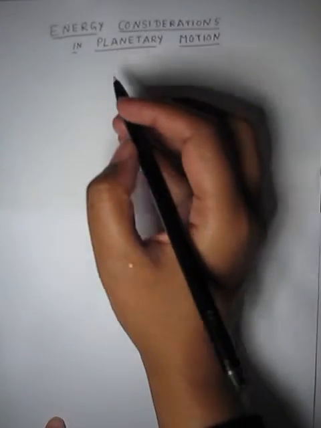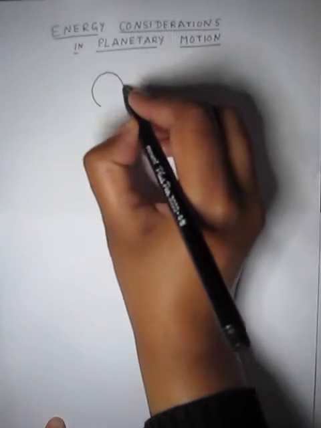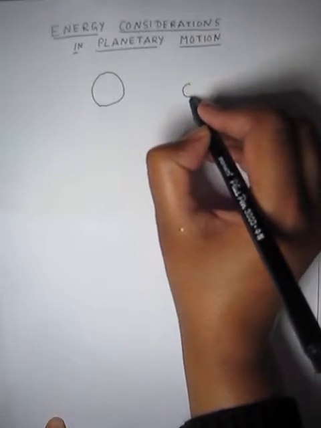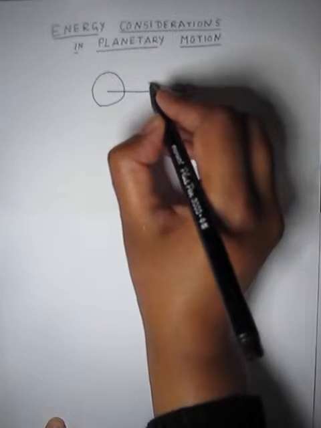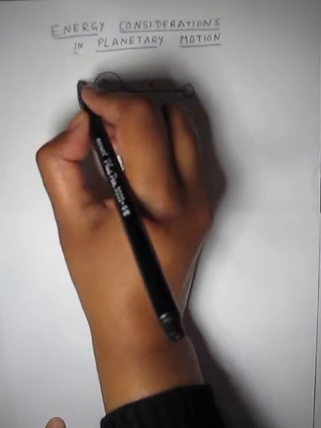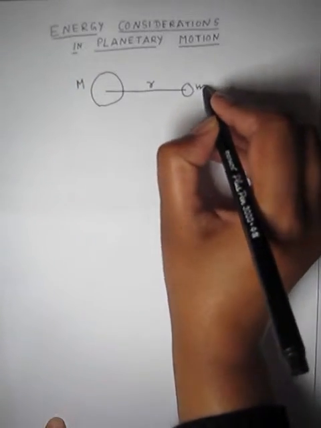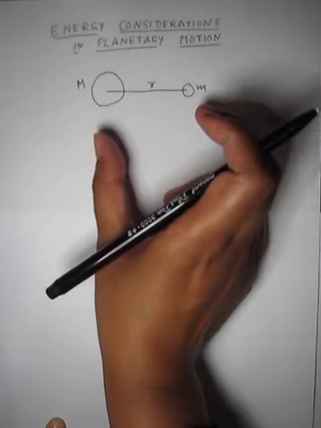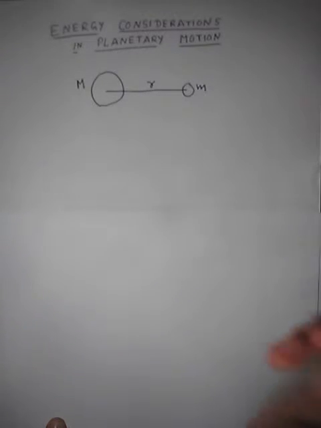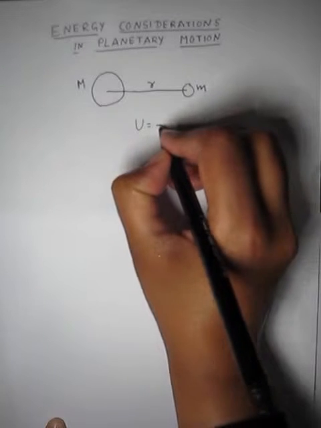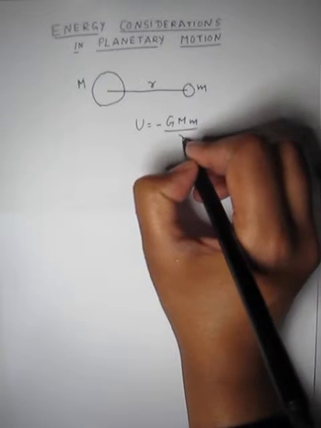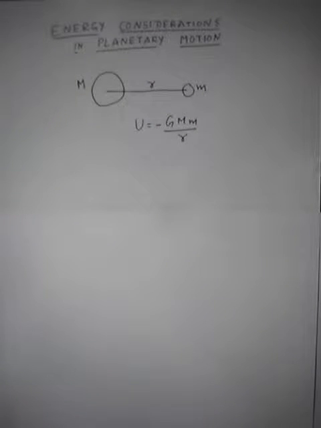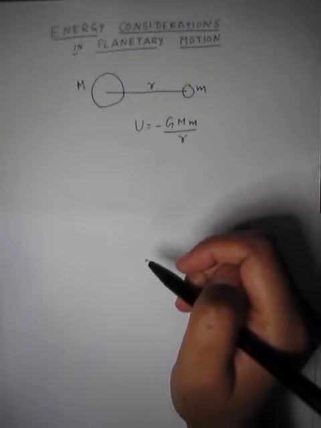We have already studied that if there are two masses at a distance small r from each other, with the distance from the center of one to the center of the other being small r, and one mass is capital M and the other is small m, then there is a potential energy in this system, given by minus G capital M small m upon r. So in a two mass system, the system has energy that is called the potential energy.